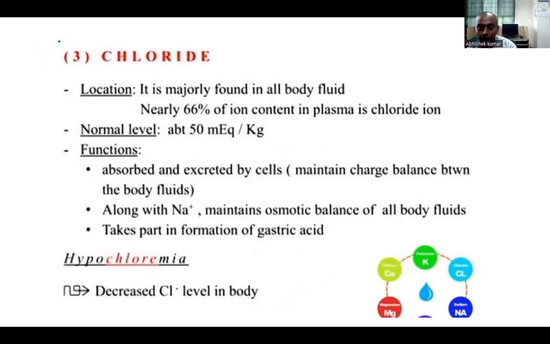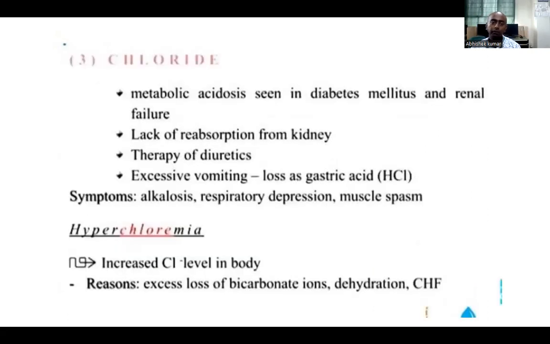Absorption and excretion by cells maintain the balance between body fluids. Hypochloremia is when the chloride ion level decreases in the body. Hyperchloremia is when the chloride level increases in the body.